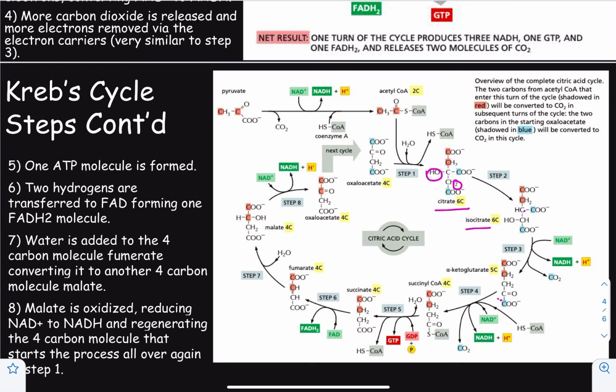After water came back in, the OH got replaced at the 4th carbon. And you'll also see the other hydrogen here. The hydroxyl group is now on the 4th carbon, and the other hydrogen is on the 3rd carbon.